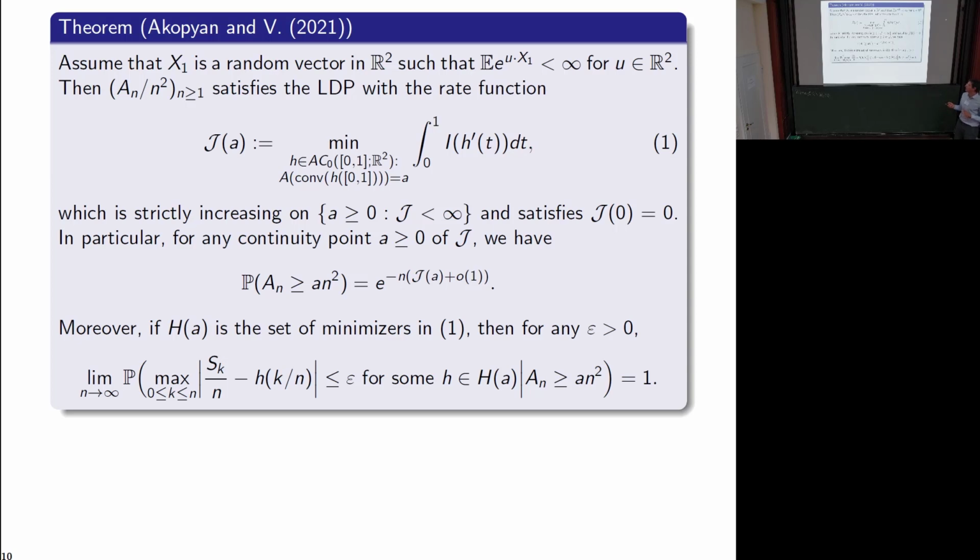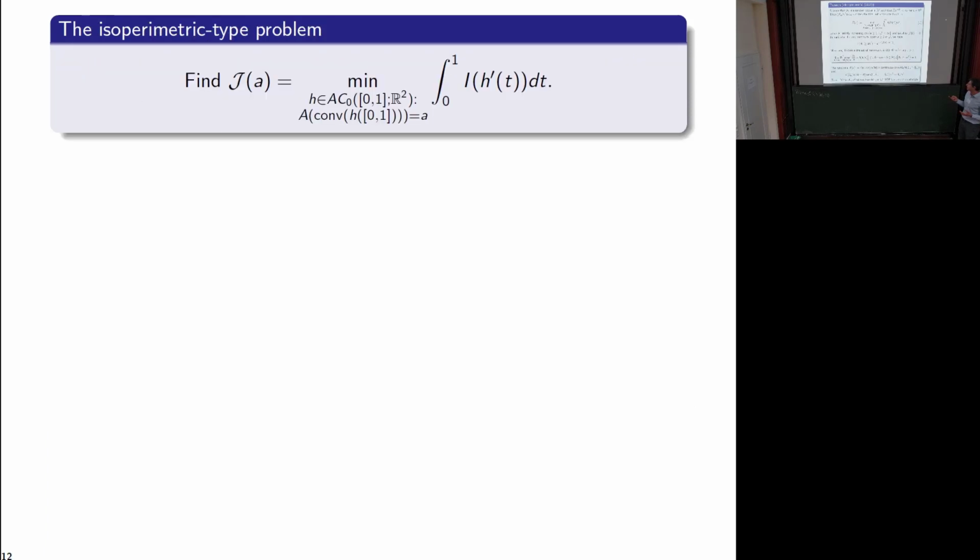Maybe I don't have much time, so I will say that this easily follows from Mogulskii's large deviation principle using what is called the contraction principle, which maps one LDP to another if you have a continuous function between two spaces. So this was an introduction into this isoperimetric problem, and now you see that if you want to understand these large deviations, we need to find this minimum. Let's look in detail at this minimum, and let's try to solve it.